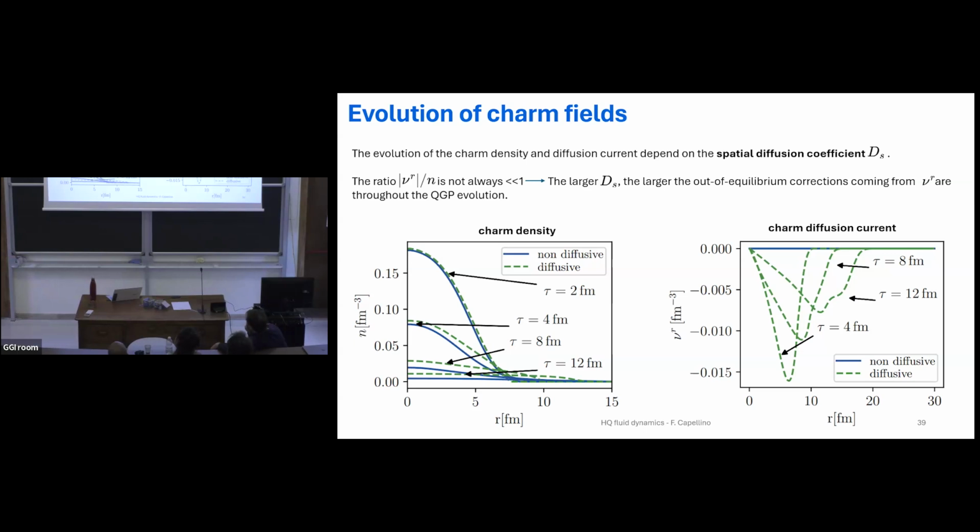This depends on the spatial diffusion coefficient that you're using, and maybe it's not true at all radii or at all times. But at least the fluid dynamic equations are self-consistent, so the code doesn't explode, and we can use this as a motivation to go further.